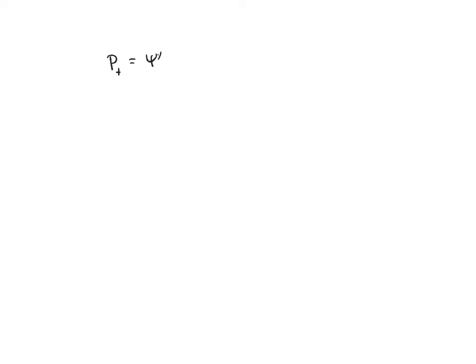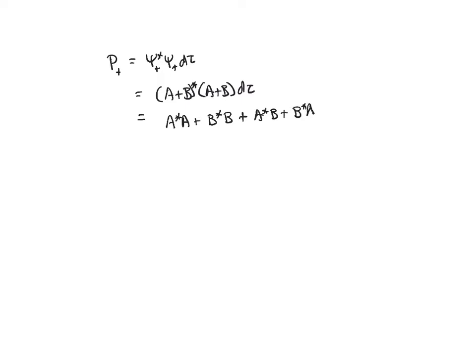So we need psi star plus psi plus d tau. That's equal to A plus B complex conjugate times A plus B times some volume element. If we FOIL this, we have A star A plus B star B plus A star B plus B star A d tau.